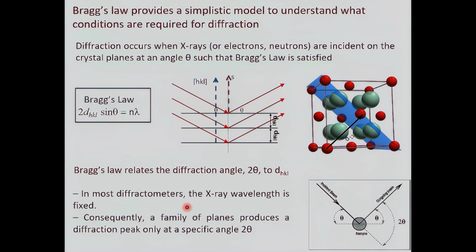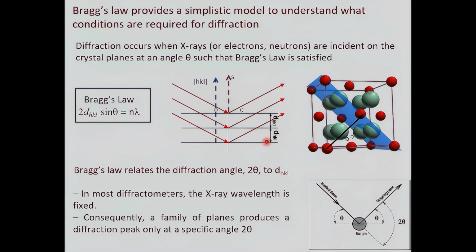The Bragg law, that I am sure all of you know, is this one: 2d_HKL sin theta equals n lambda. What does it mean? It means that if we have, for example, a set of planes like this, as I said, they are characterized by specific distances.